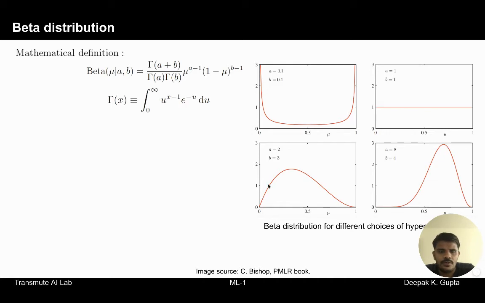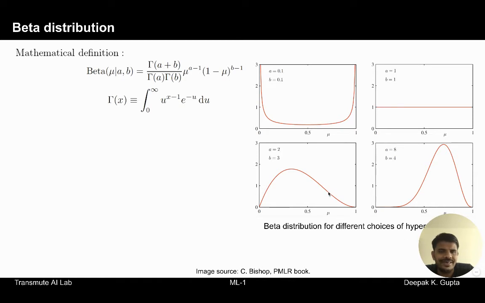Now, if a is smaller than b, what we see is that the peak of this curve tends to shift towards 0. And when a is greater than b, it tends to move towards 1. And just to add here, if you see in this equation, a corresponds to mu and b corresponds to 1 minus mu.